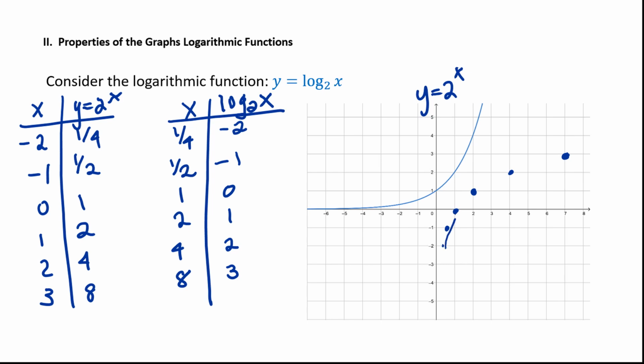Connecting the points, we get the logarithm function, and let's observe that the graph of the inverse function reflects over the line y equals x. Why is that? Because we switched the domain and range.